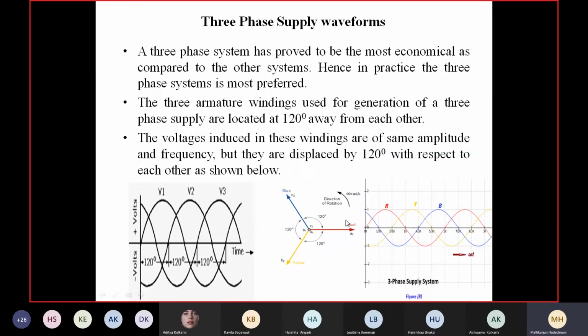In that way, I will find rotating vector rotating such that R, Y, B are appearing to me, coming towards me in that order. That is called phase sequence.